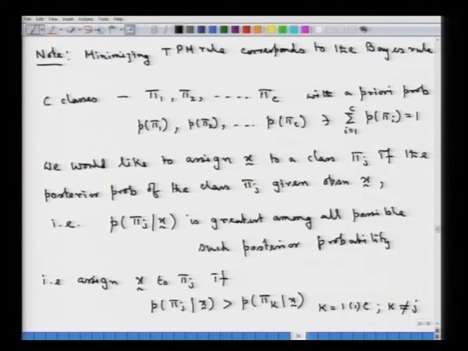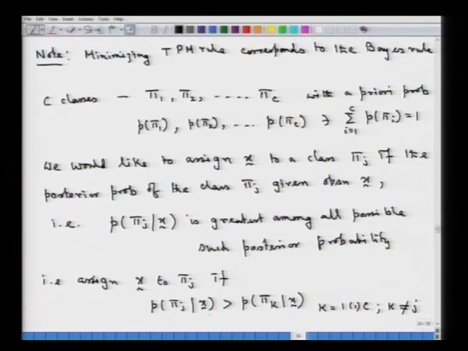So, we are looking at that particular posterior probability, and we assign x to pi j if this happens. Whichever wins in the posterior probability sense, x is going to be assigned to that particular population.